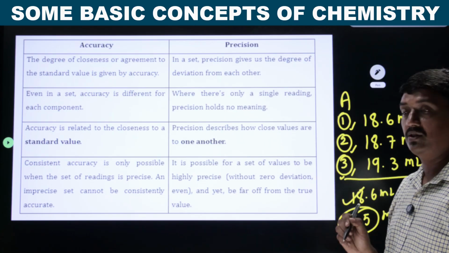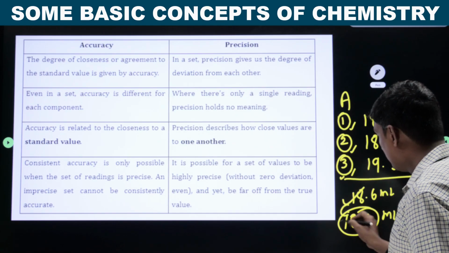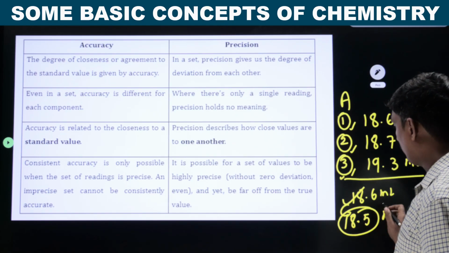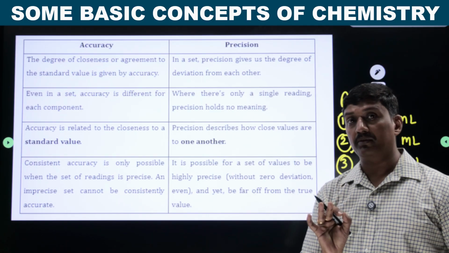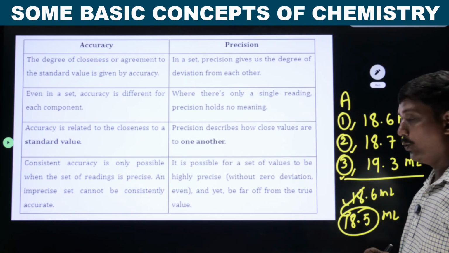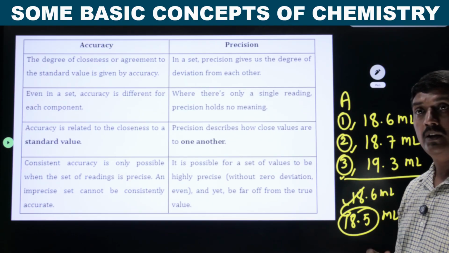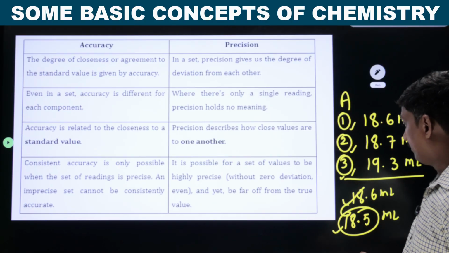Why is it considered? The reason, this value is near to this. Just a 0.1 difference is there. It can be considered, but it is not 100% accurate. The reason, 18.6 is not equal to 18.5. So the accurate value should be 18.5.